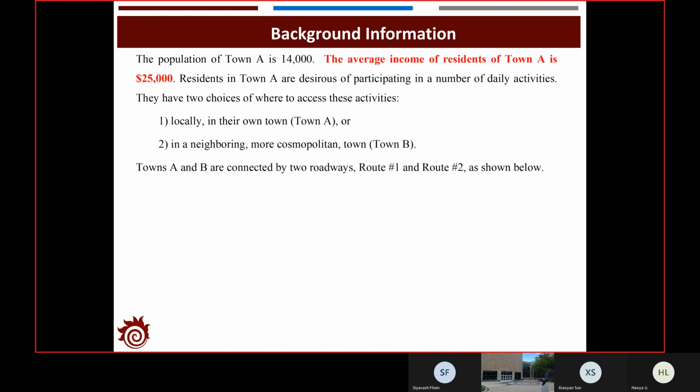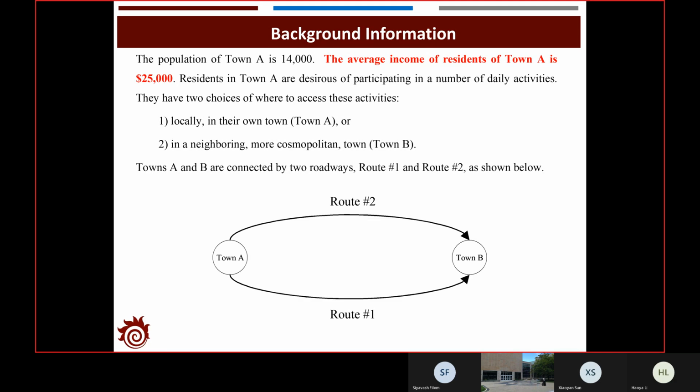So here's the example. We consider the same example that we used in the previous chapter. Considering we have the two towns A and B, here we assume that the average income in town A is 25,000, and the residents in town A would like to participate in many activities, either in town A or town B. They are connected by two routes, route 1 and route 2.